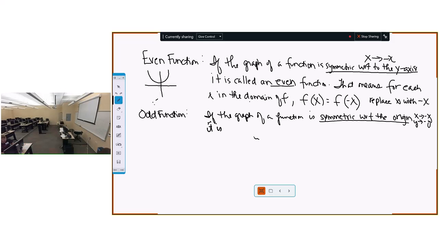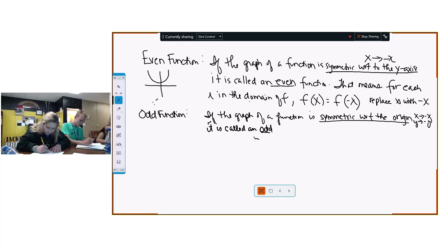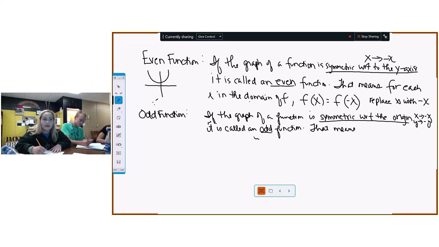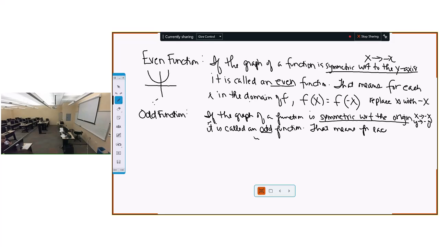It is called an odd function. Okay, that means for each x in the domain of f, f of a -x equals a negative f of x, okay?